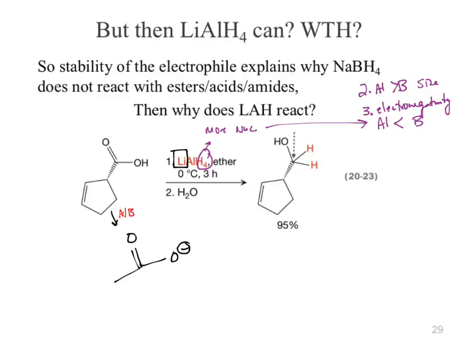What's the issue with forming a carboxylate in comparison to the carboxylic acid? The carboxylate is resonance stabilized, which means what happened to the reactivity of our electrophile?